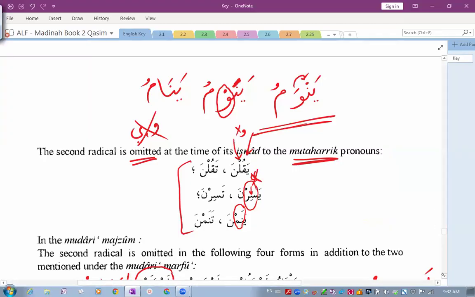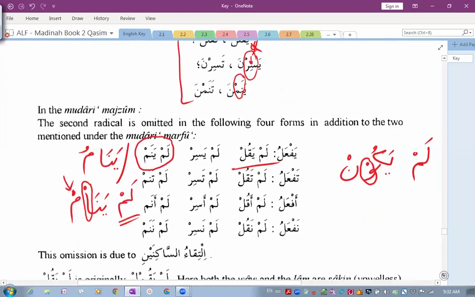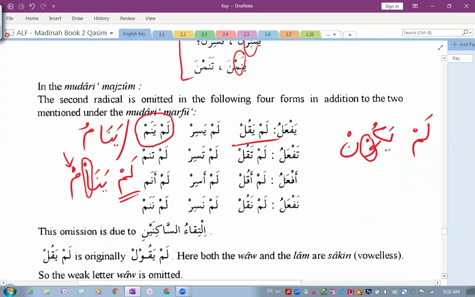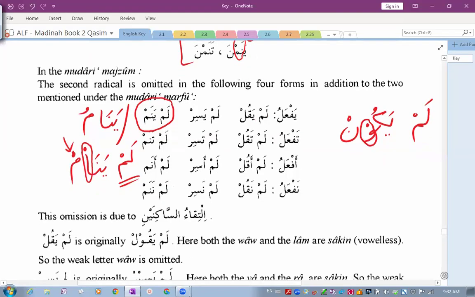Yes. And then some additional changes take place because of iltiqa sakinain. When you have a lam coming before, it doesn't have to be lam. Anything that makes fail mudare majzoom, you will have the same issue. There are more things that make fail mudare majzoom, so those will have the same issue as well. One of the examples given is lam, but it could be anything that makes fail mudare majzoom.